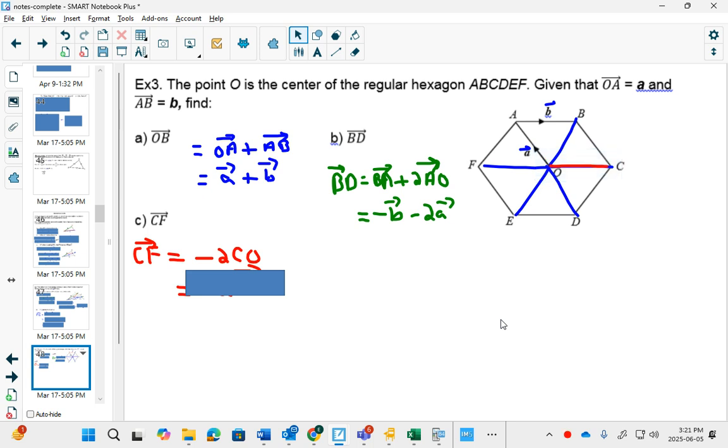And since vectors are free, this is just going to be negative 2b. So if I took two of those, one there and then another one there, that would get me all the way across. You need to go back to part one.